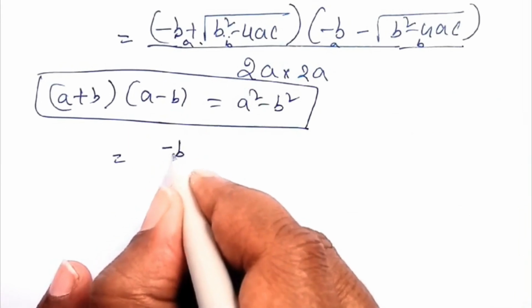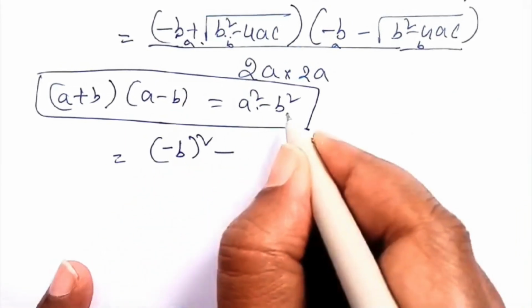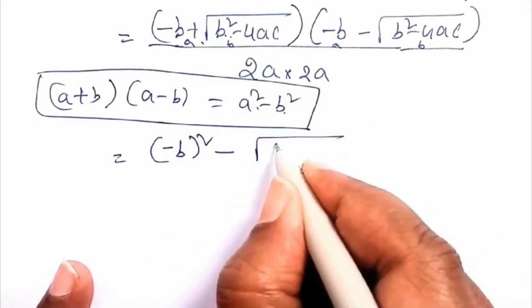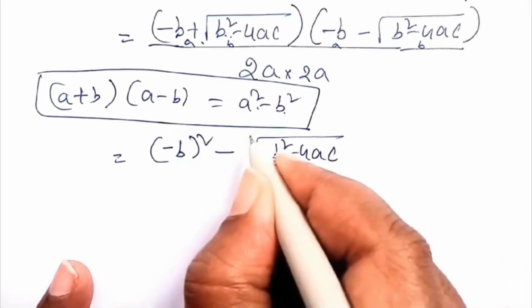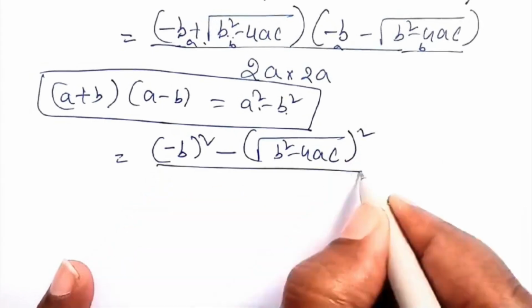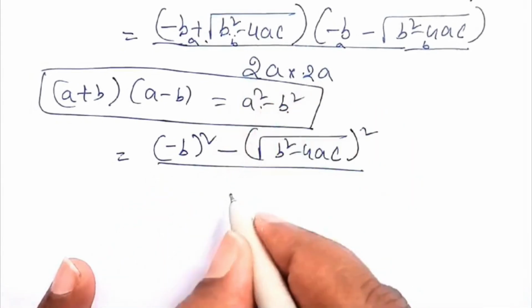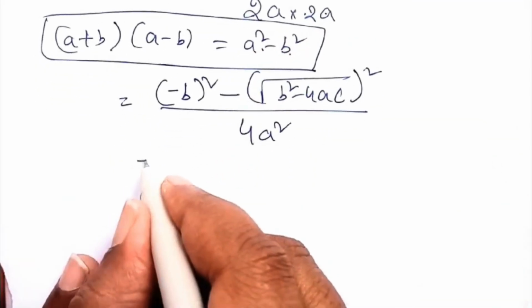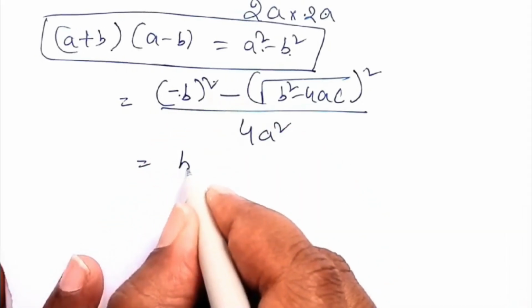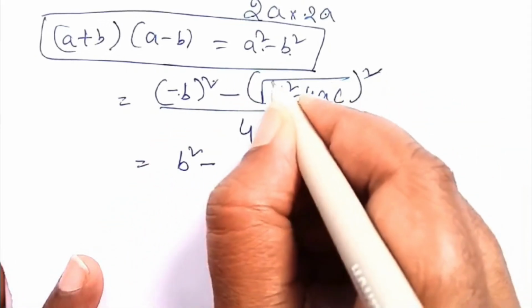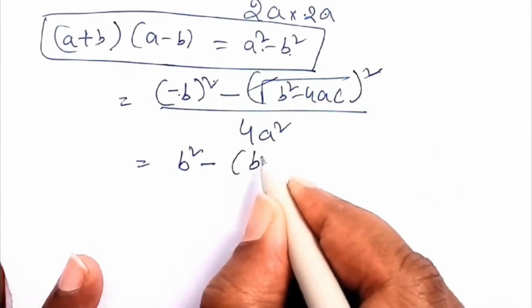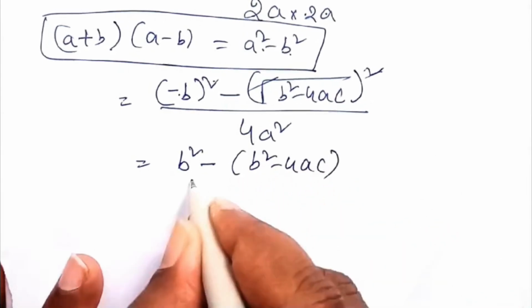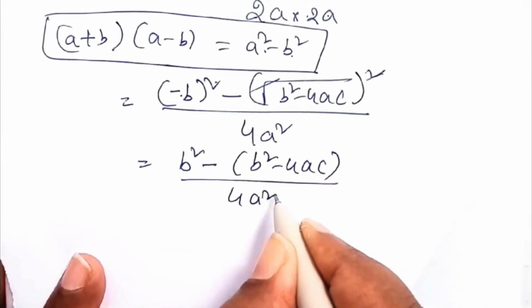A square means minus b whole square, and b square means the square root of b square minus 4ac whole square, divided by 2 into 2, 4a square. Now minus b whole square means b square, and the square root cancels, so b square minus 4ac is left, and below it 4a square.